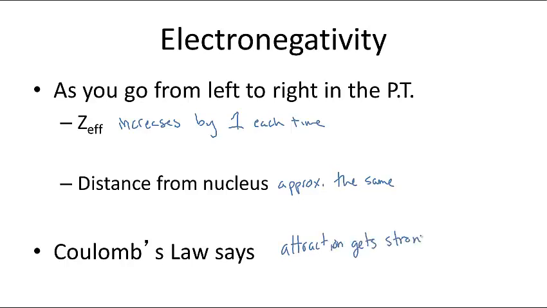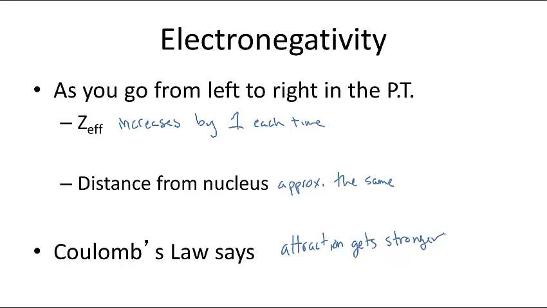Now, what I noted with the distance from the nucleus, I said it's approximately the same. What actually happens, which is really cool, is that as you move from left to right in the periodic table, you get more protons in the nucleus and it pulls tighter. So even though you're adding protons and electrons, your atoms get smaller as you move from left to right.